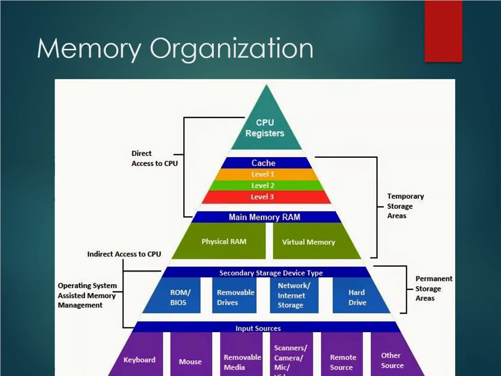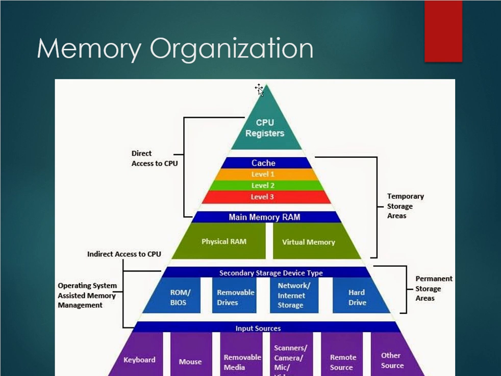And this is the memory organization, or how memory devices are arranged in a computer, and every set of data flows from this top to this bottom, or from bottom to this top. And you know that in a computer there's a device called CPU, or central processing unit. We call it a processor.